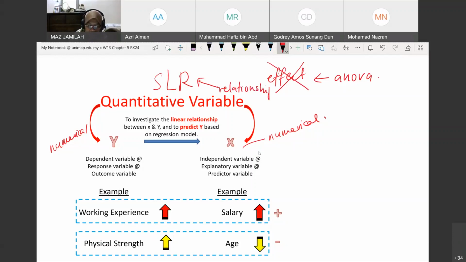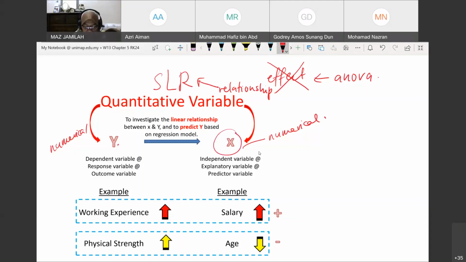But when we are talking about SLR, we are talking about relationship. How does this x relate to your y? How does the relationship look? Both of them should be numerical, and we know that y depends on x, meaning that whenever y changes, the change in y is because of x.